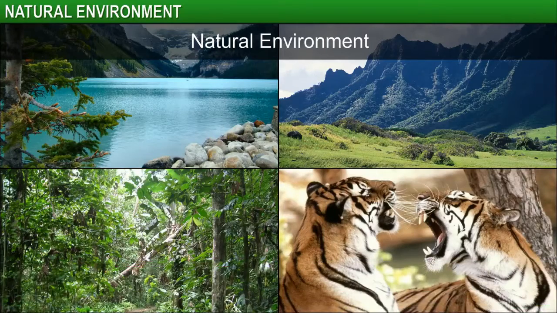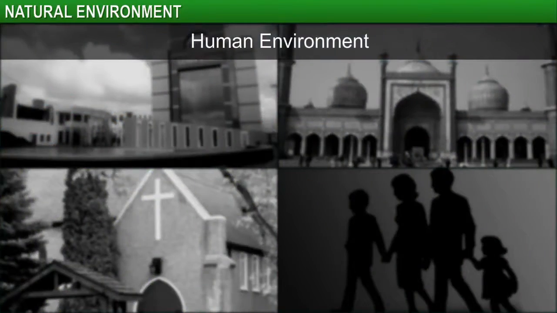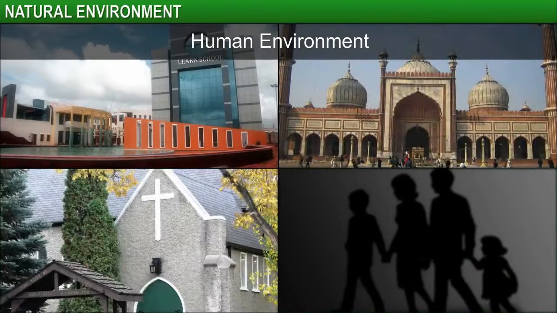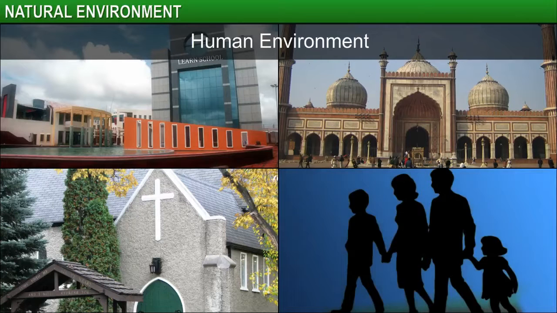On the other hand, human environment refers to activities and interactions among human beings with the natural surroundings. Examples include educational and religious institutions, and even family as a social unit, a community, a town.